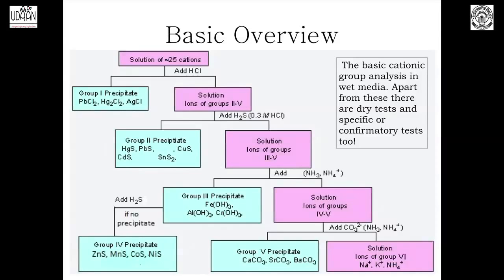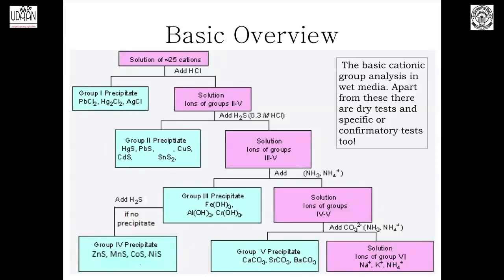What is group analysis? In group analysis, we rely on precipitation equilibria mainly to detect the various cations present in the sample. Group analysis is basically a separation of various cations into many groups which have a common property, the property being precipitation selectively under a given set of conditions.